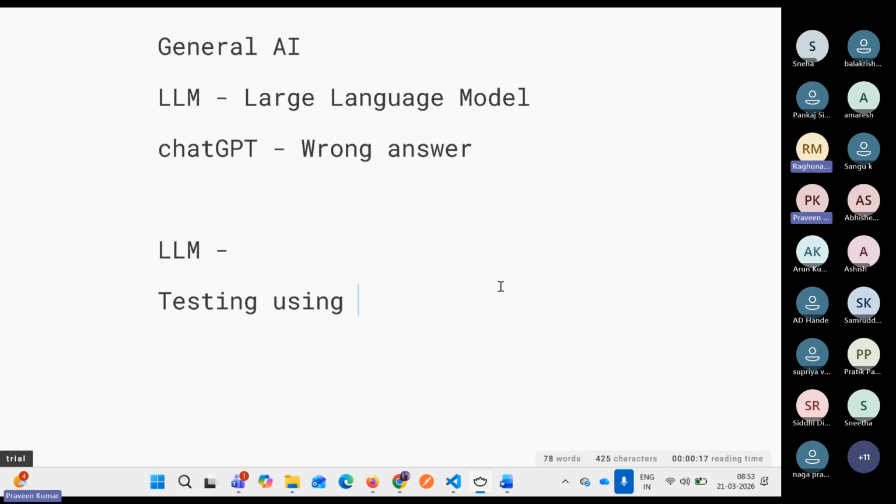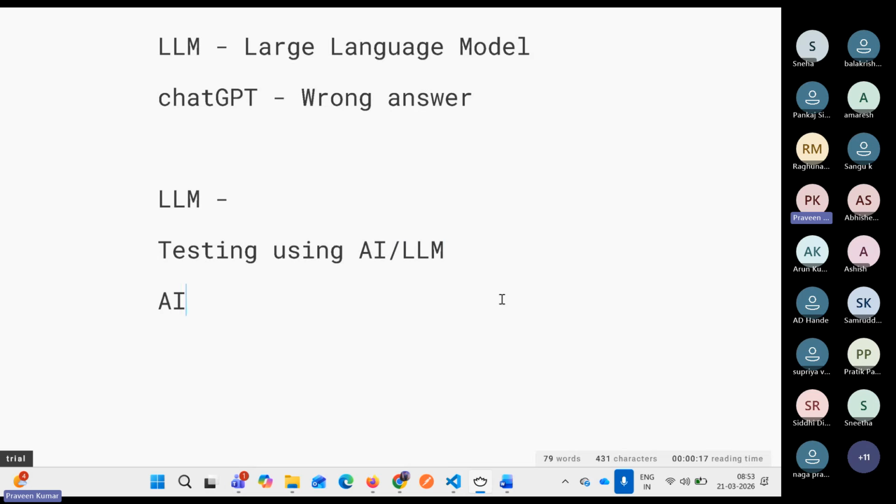Testing using AI LLM and AI LLM testing are entirely different. See, the words remain the same: testing using AI LLM, AI LLM testing. This AI LLM that you are using, whether it is giving you a correct answer or not, who will test that?